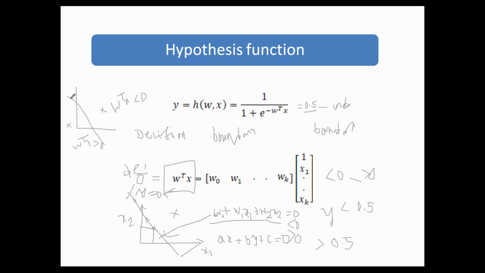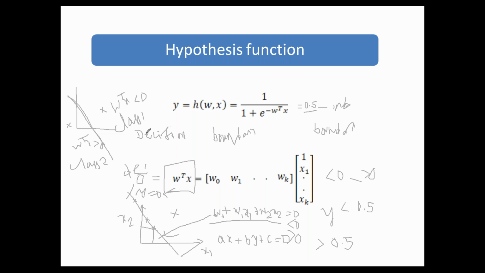That means this line is dividing the space of x1, x2 into class 1 and class 2. All the points on one side of the line will be class 1 and points on the other side will be class 2. So this concept is utilized in logistic regression.